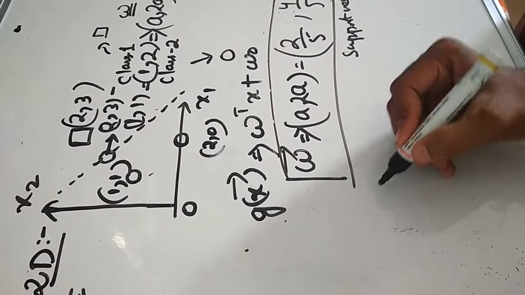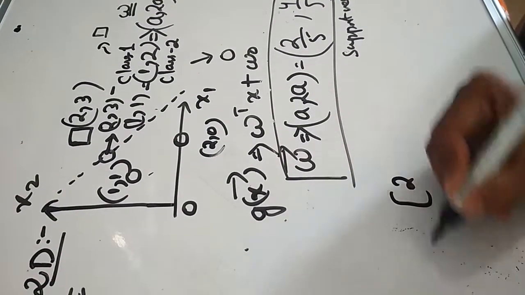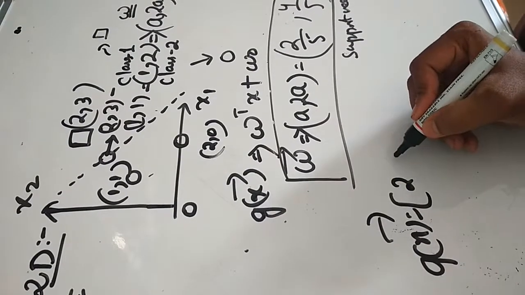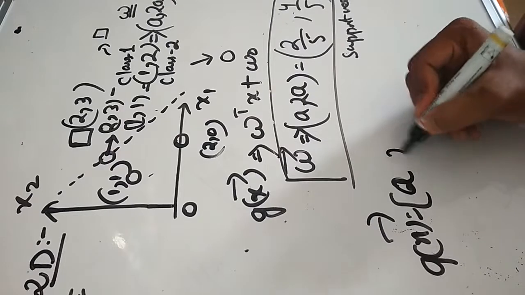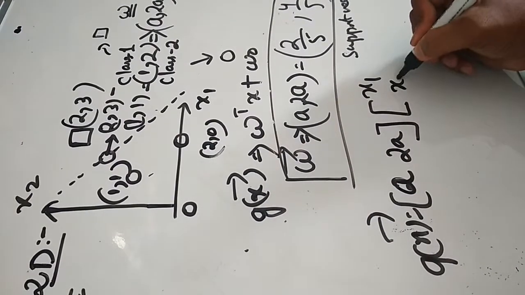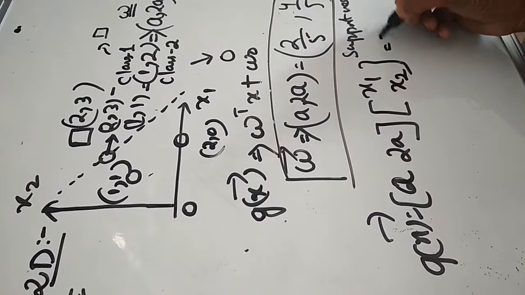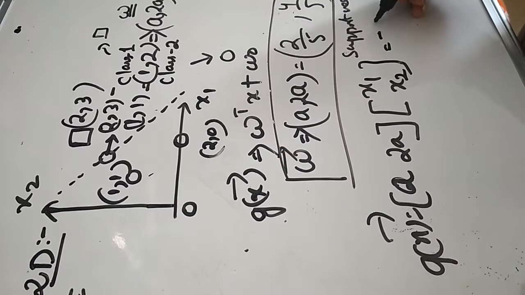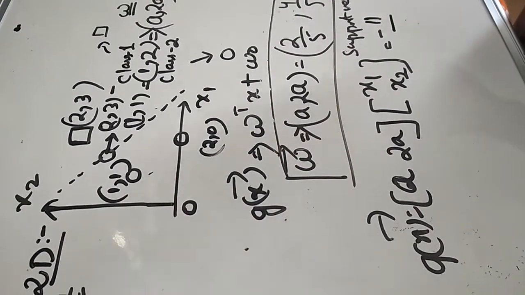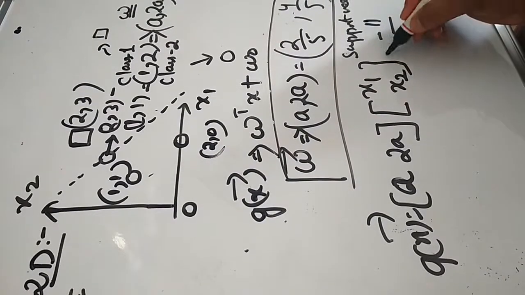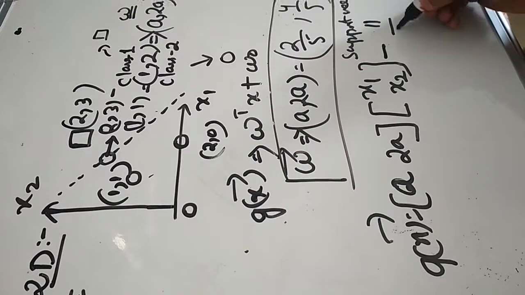So gx is equal to a, 2a, then x1 x2, plus minus 11 by 5.